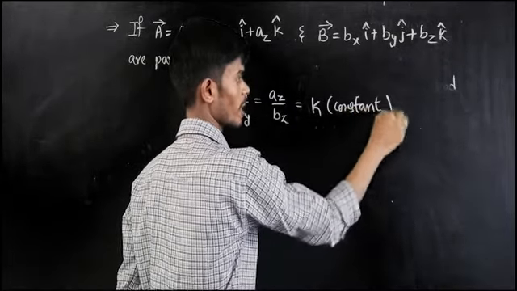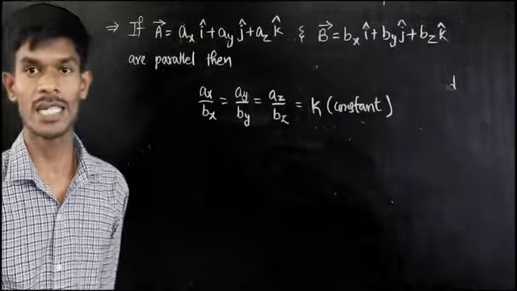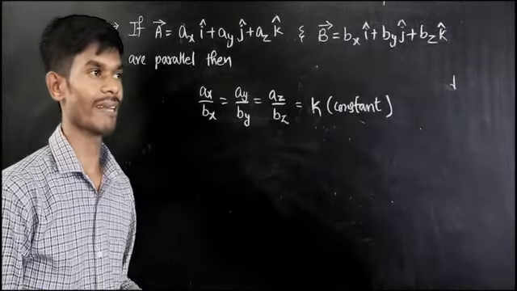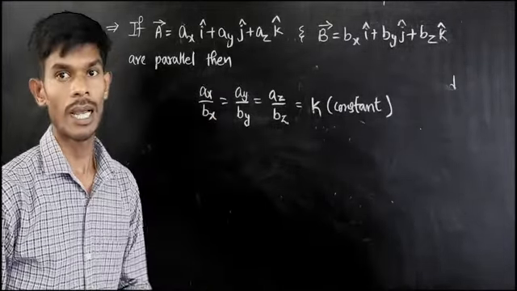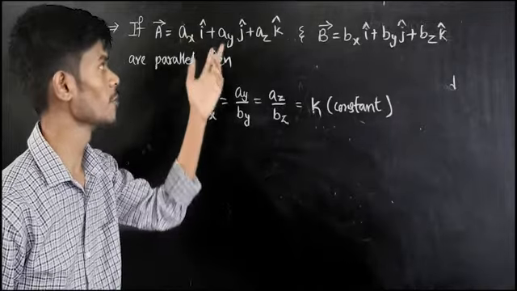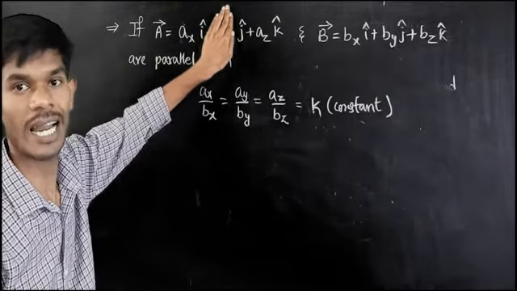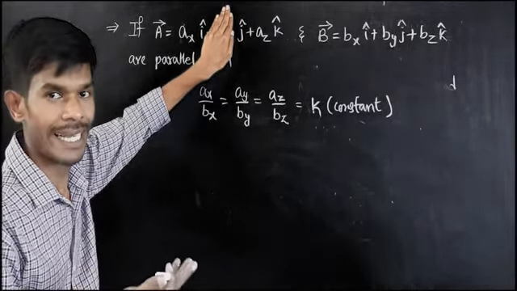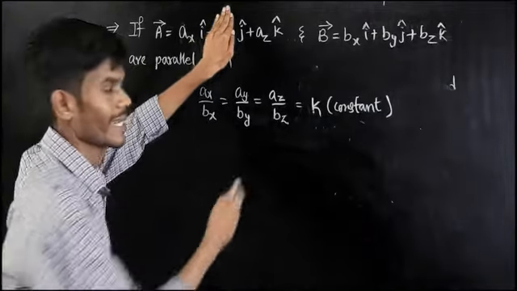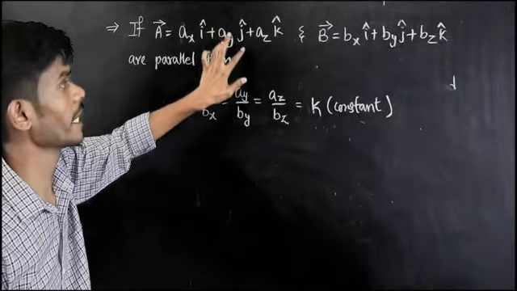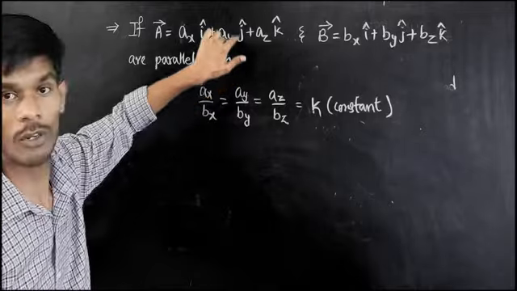We use this parallel vectors condition whenever they give two vectors a bar and b bar and there is a missing value, suppose the ay value is not given. In that case, by using the parallel vectors condition we can find the ay magnitude very easily.